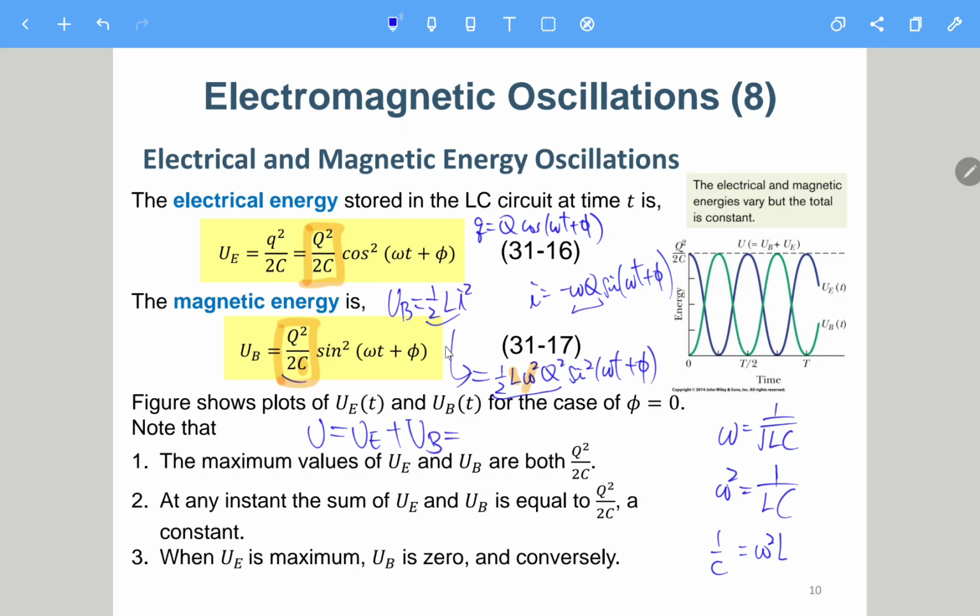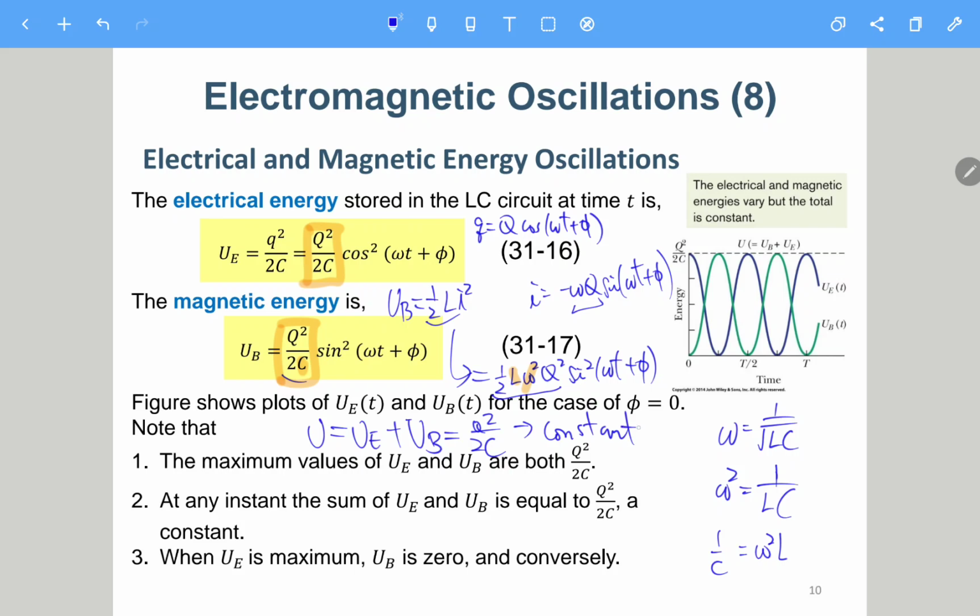Then it comes out with the very famous trigonometric identity, sine squared plus cosine squared with the same argument is 1. You should know it very well from high school mathematics. So finally it turns out to be Q squared over 2C. Q is the amplitude, so it is a constant, and C is also a constant, so the total is a constant.